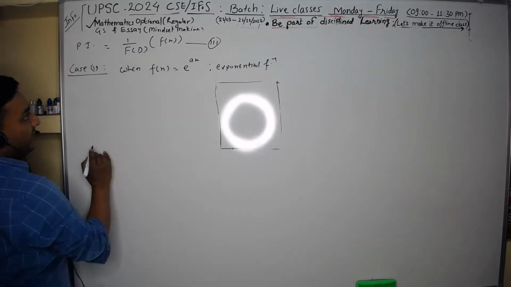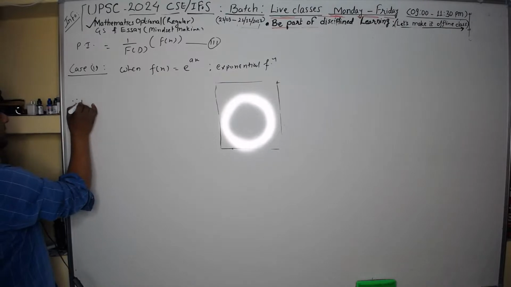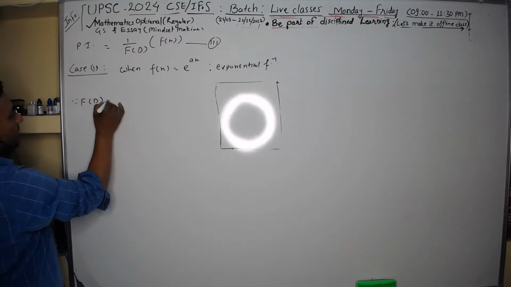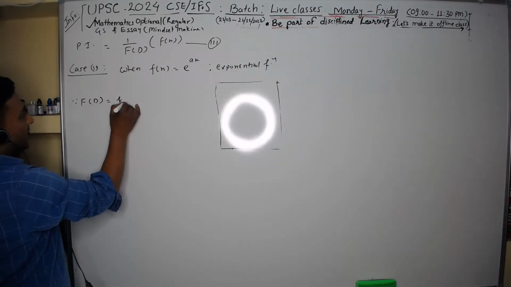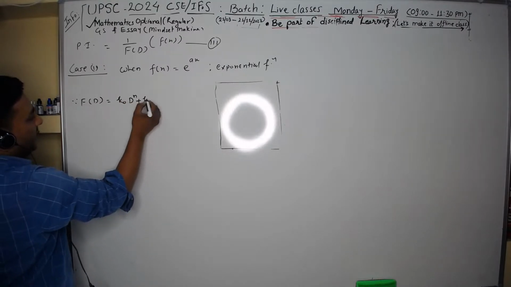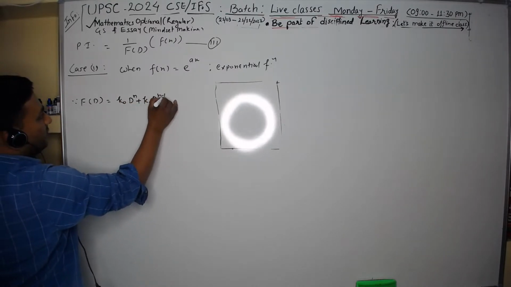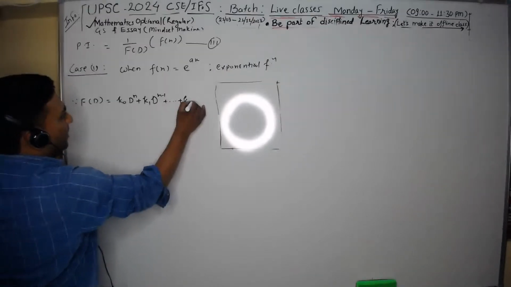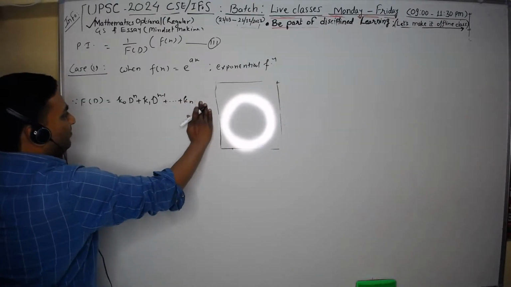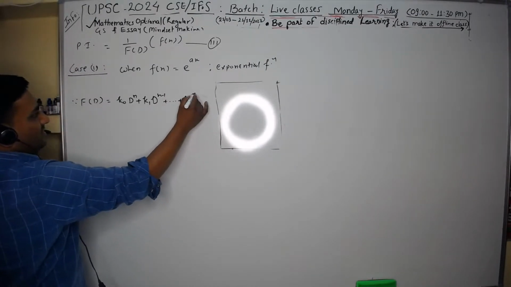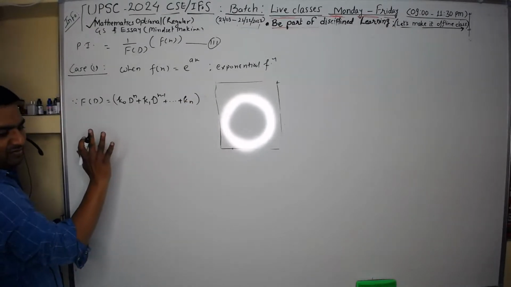So when I want to find this, f of D is k0 D raised to the power n plus k1 D raised to the power n minus 1 plus ... plus kn.